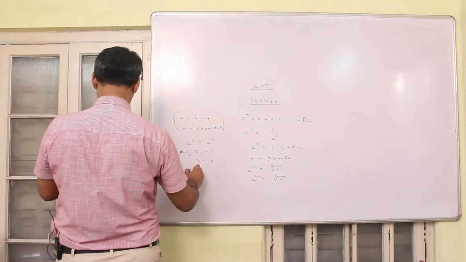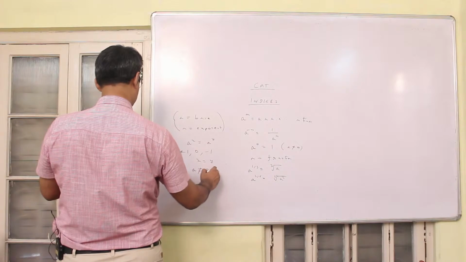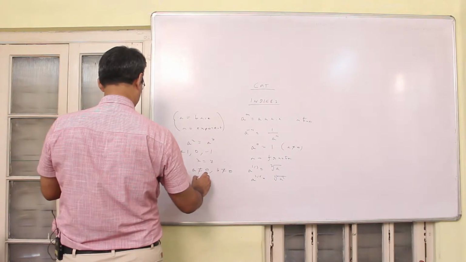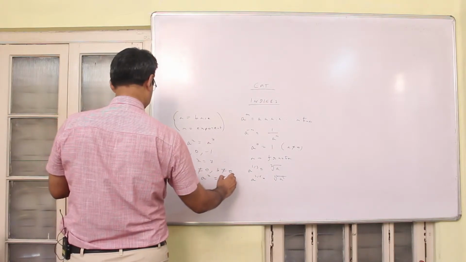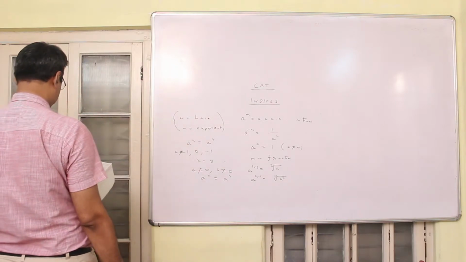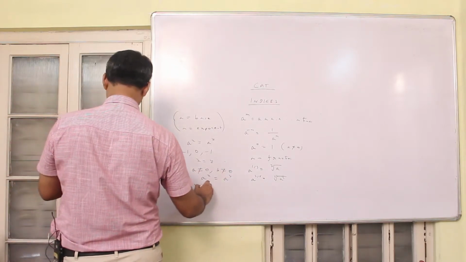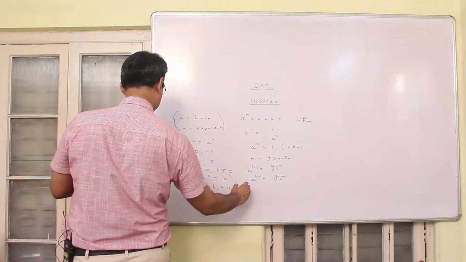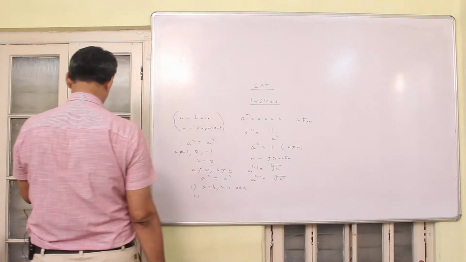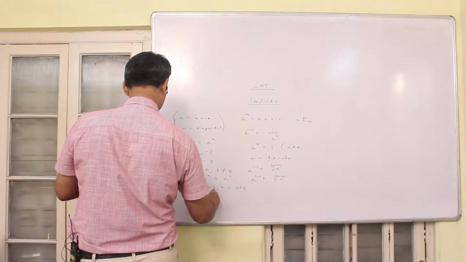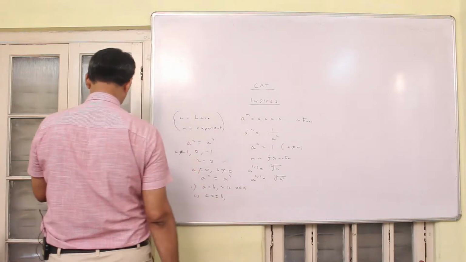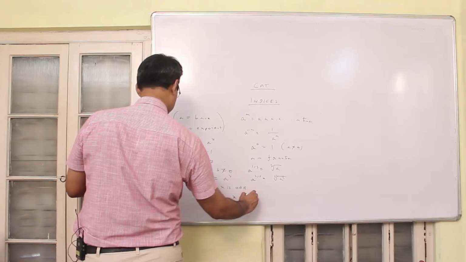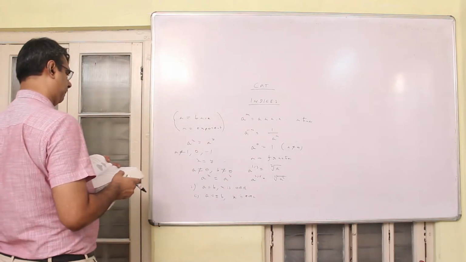Now suppose there are two quantities a and b, neither of them is 0, and you have been told that a to the power x is equal to b to the power x. In that case, a and b will be equal if x is odd, and a will be equal to plus minus b if x is even.